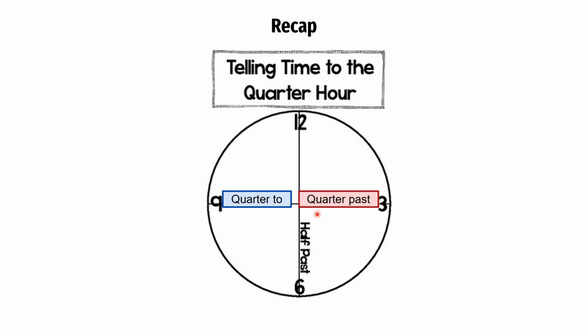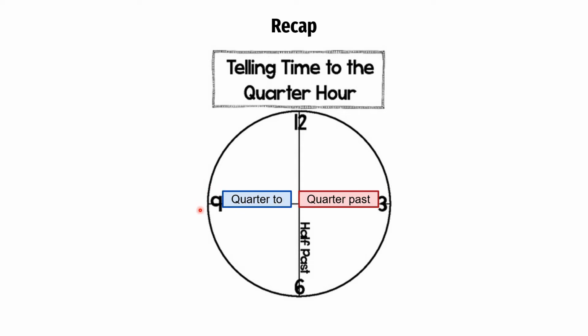And if it points to 3, we will say quarter past. For example, quarter past 2, so it means it is 2:15. Or quarter past 10, so it is 10:15.